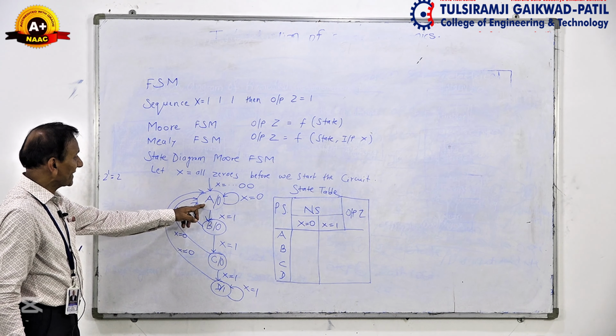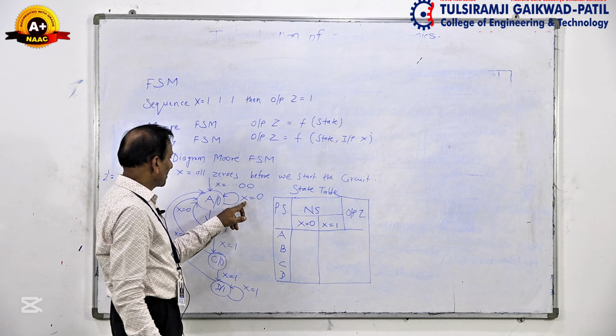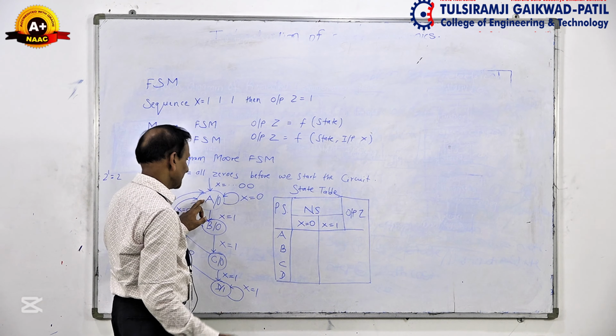Now we find that in A state, if we get 0, the next state is A. So we'll write here A, and for X equal to 1, it is advancing to state B. So we'll write B here.